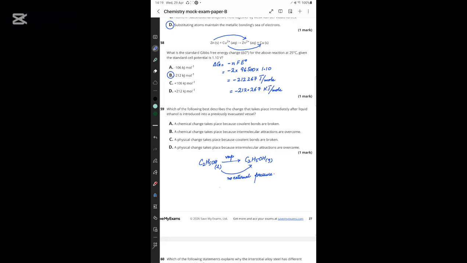And then what happens, as this is a physical change where a liquid is changing into gas, no other compound or thing has been formed. So that's a physical change, and that requires energy as well to overcome intermolecular attraction. So our right answer is going to be D.